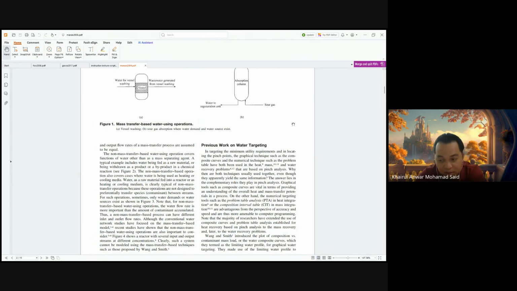So the advantage of learning WCA, or water cascade analysis, is that it can be used for both mass transfer based and non-mass transfer based. But the limiting composite curve, the graphical method, is limited to mass transfer processes.